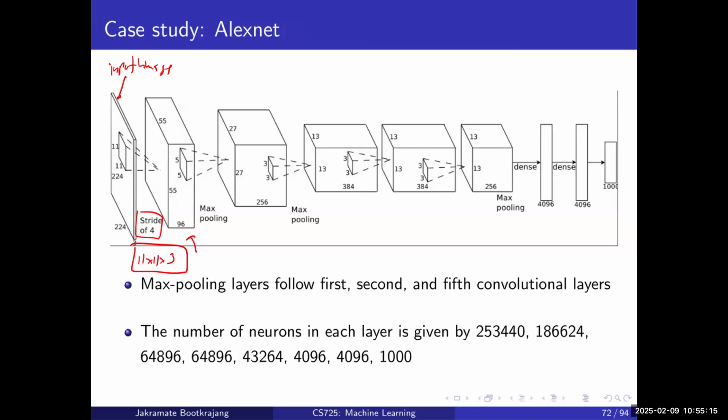When you have one kernel, you filter it over the image and get one channel of the output image. But how many channels does this output image have? It has 96 channels. So you have 96 filters in the first layer.